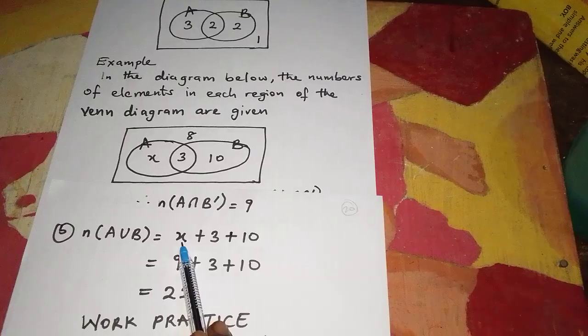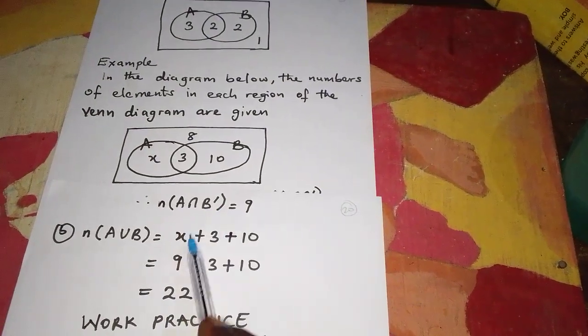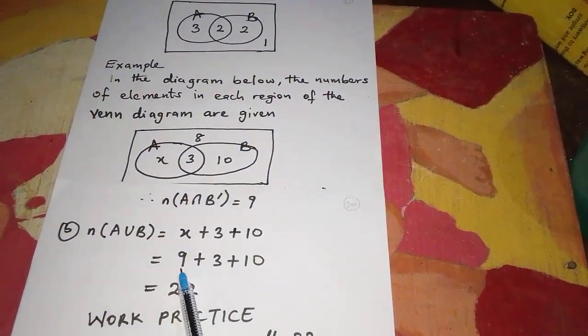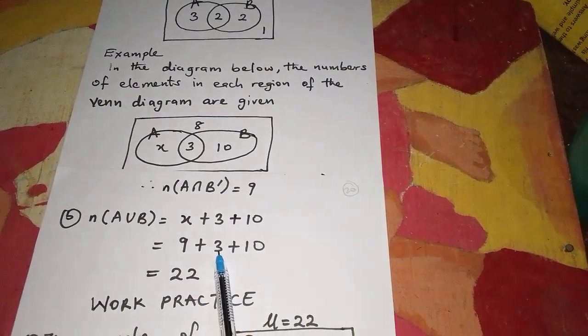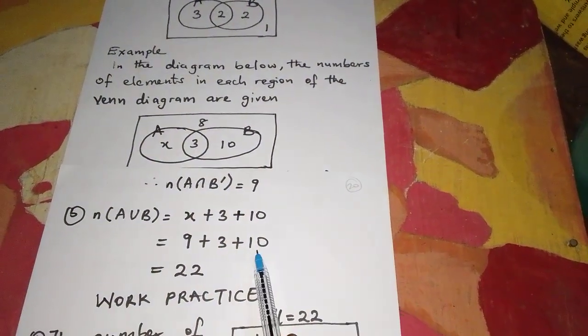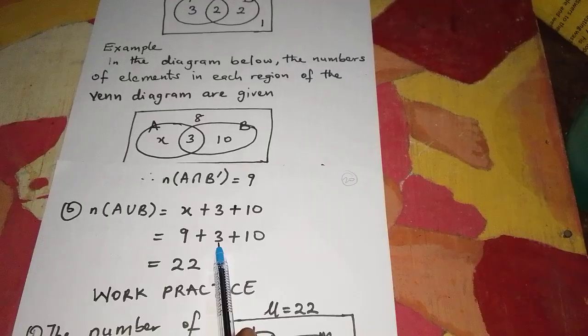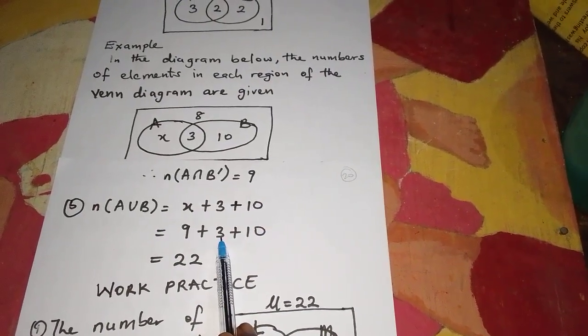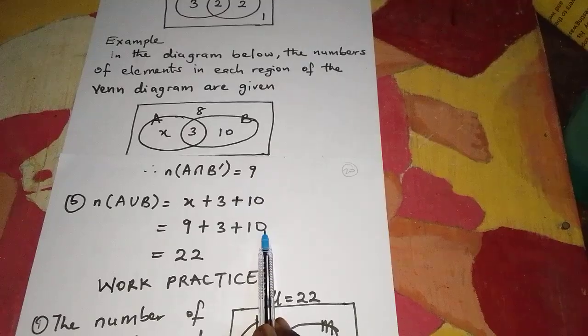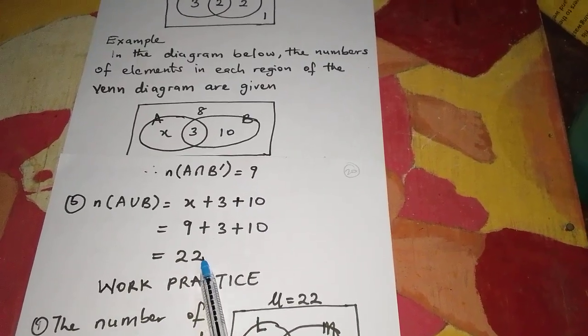Our X is taken to be what is in A only, which is 9, plus 3 A intersection B, plus 10 B only. Sorry, 9 plus 3 is 12. 12 plus 10 will give us 22.